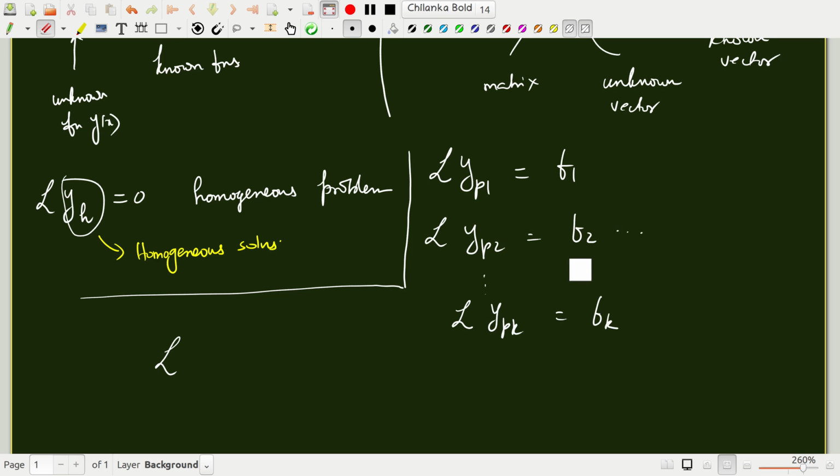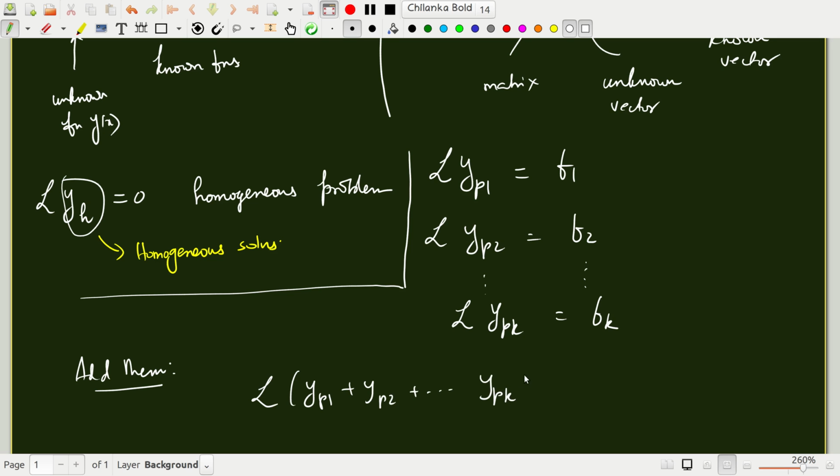Suppose you add them all up. What will you get? Because these are linear operators, you will get L operating on yp1 plus yp2 plus up to ypk is equal to f1 plus f2 plus up to fk.